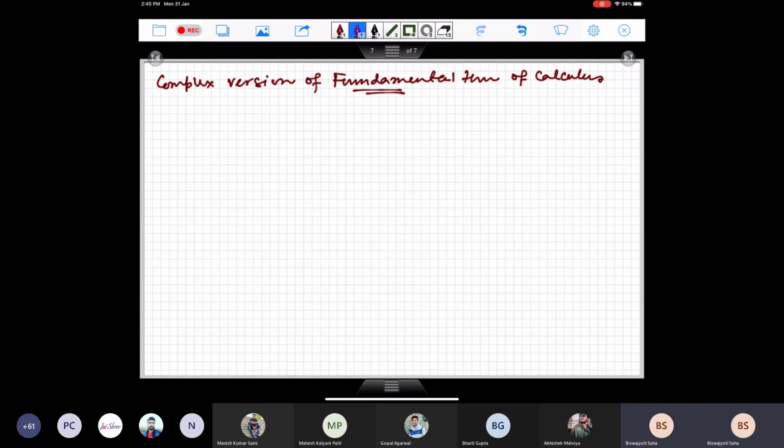Like, for example, if you have a function which you want to integrate, and suppose there is a primitive of that function, in the case of the real integral, what you have seen is this.